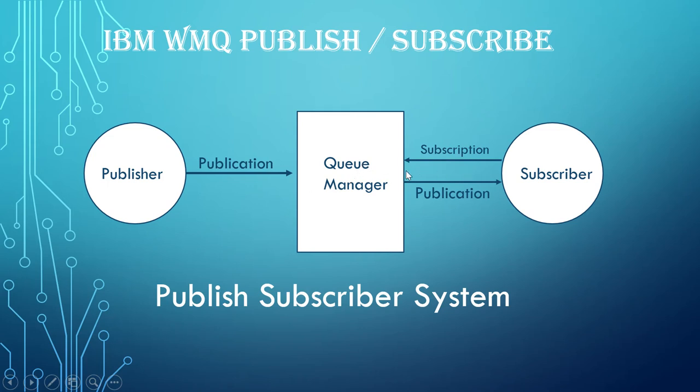A typical pub sub system has more than one publisher or more than one subscriber, or often more than one queue manager. An application can be a publisher or a subscriber. So we can use multiple publishers and multiple subscribers in one application.